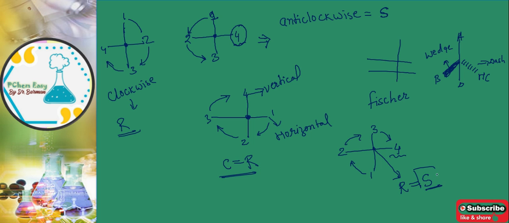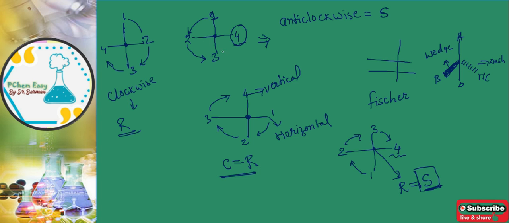Okay. So now you have to understand the value of the fourth or least priority group. Okay. So this was the rule. On the basis of that, you can assign the configuration R and S in any compound which is having a chiral carbon.